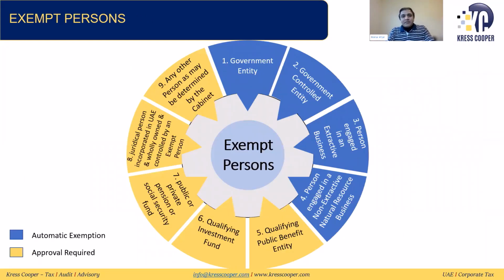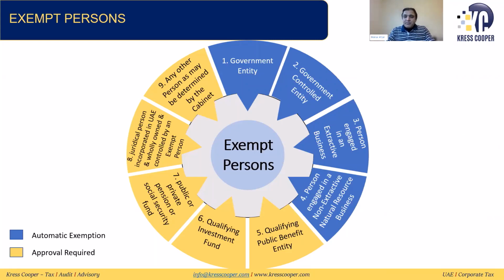Exempt persons that we discussed are the government entity, government controlled entity, persons engaged in the extractive business, persons engaged in the non-extractive natural resource business, qualified public benefit entity, qualifying investment fund, and public or private pension or social security fund. These are the persons that we've already discussed.